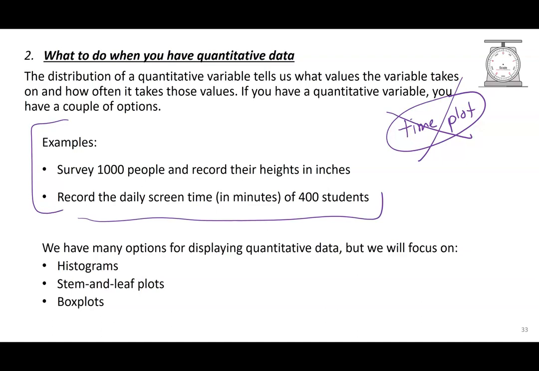Realistically, that would be a nightmare to actually coordinate, but it could be something someone collects. So there are a lot of options for graphs here, but in this class, we're going to focus on histograms, stem and leaf plots, also called stem plots, and box plots.